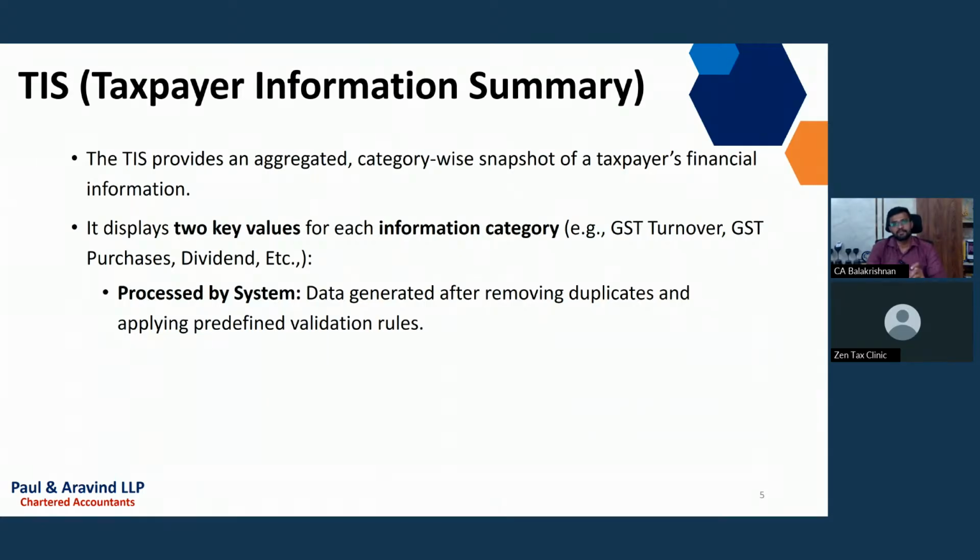Everything is reflected in TIS in a summarized manner, and it has two key values. One is processed by system, that is, the total summary of all transactions available in the AIS is summarized and reflected in TIS.